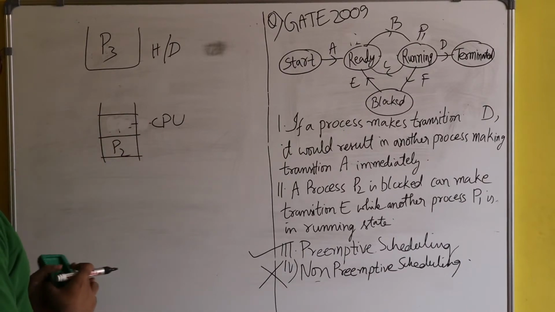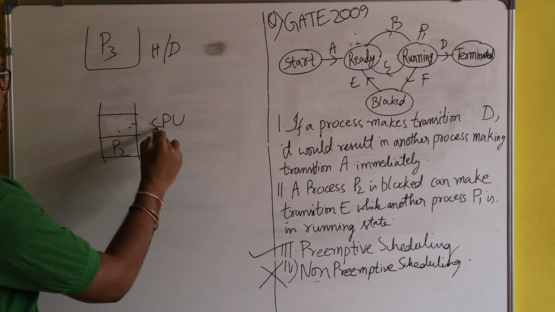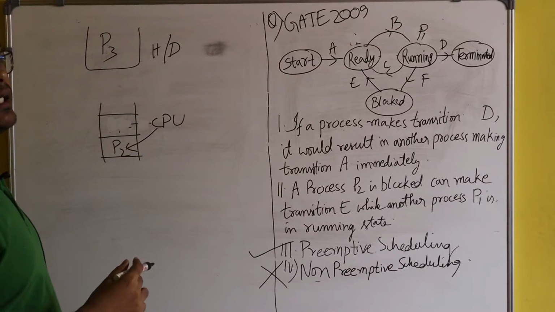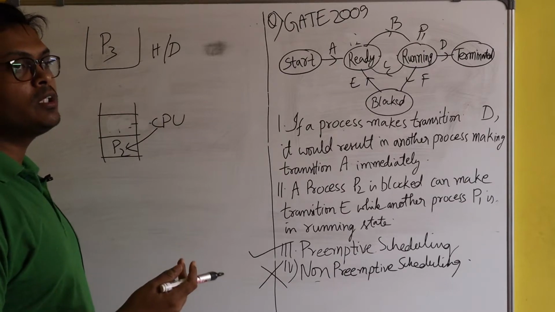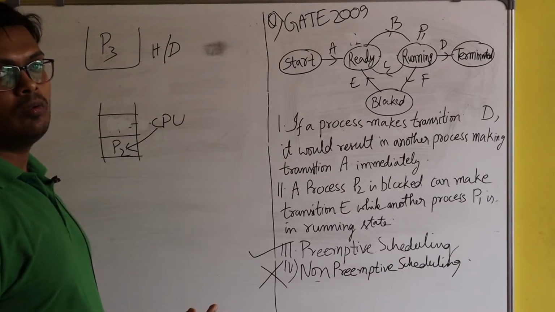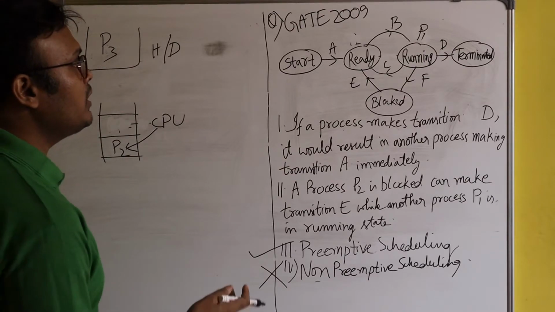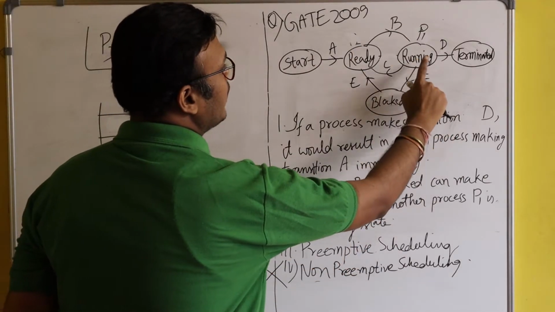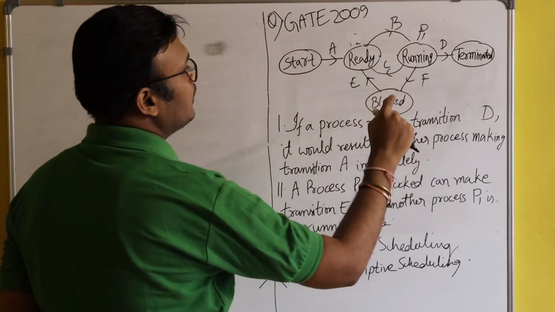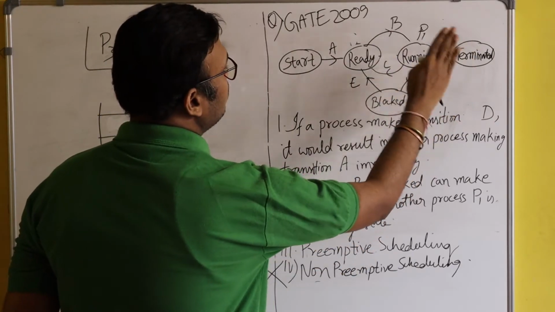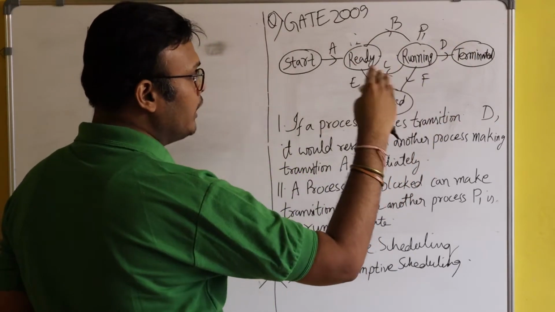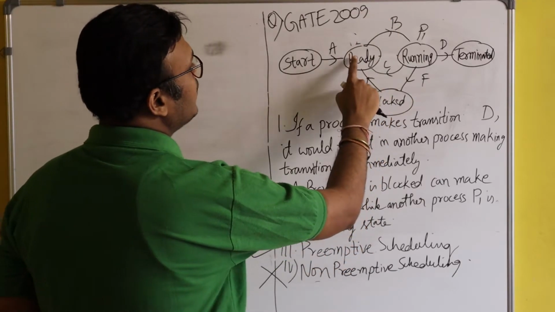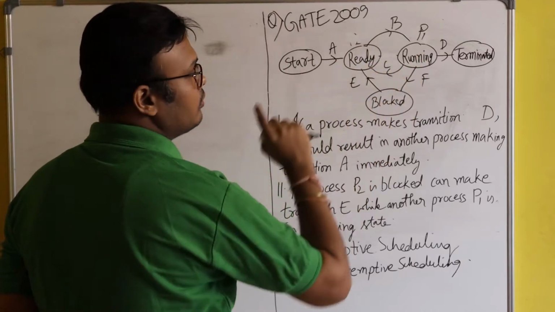Since CPU is free, the CPU will be given to process P2, or you can say that the CPU will be given to the process which is present in the ready queue. It means if a process makes a transition from running state to terminated state, this transition will lead to a different process making a transition from ready state to running state.